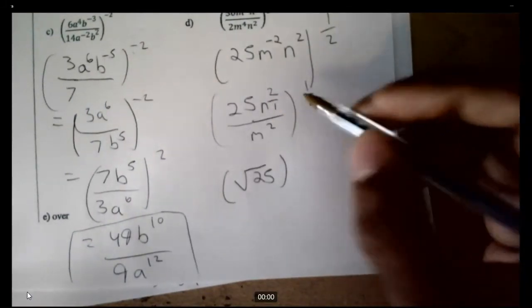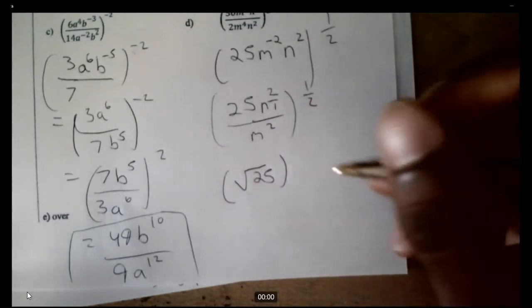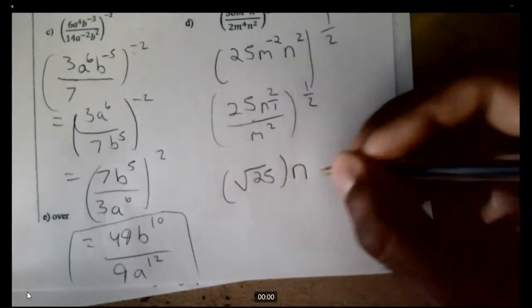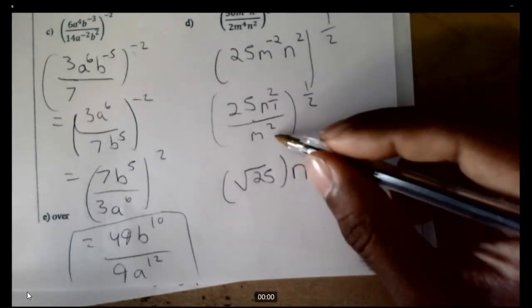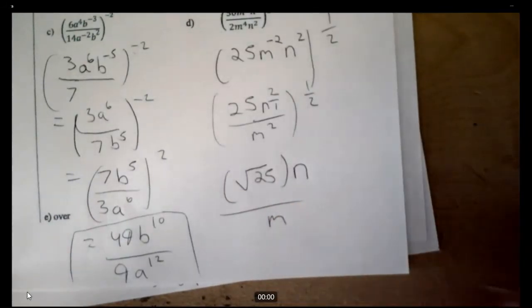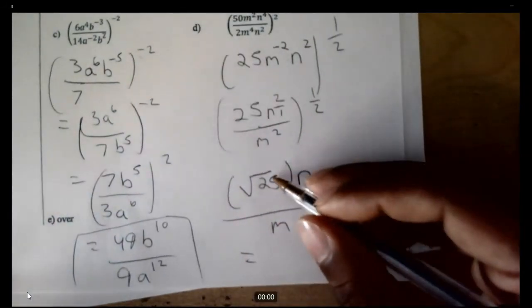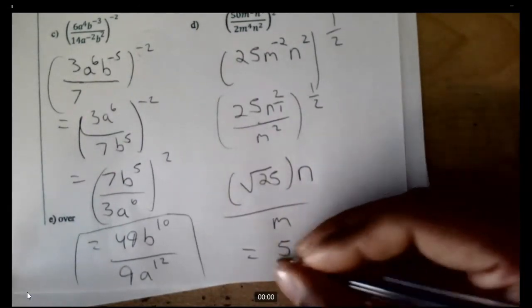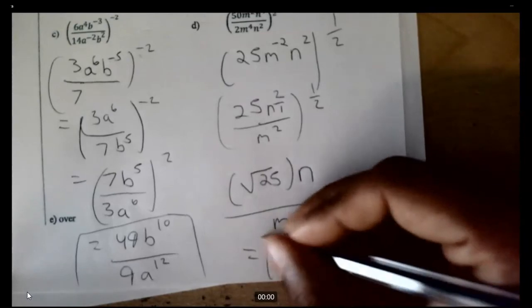So it's 2 over 2, which is just going to be n. Okay, and then the bottom, you do the same thing. So this is going to be m, right? Just like that. And finally, the square root of 25 is 5. And this is just n and m. Okay.